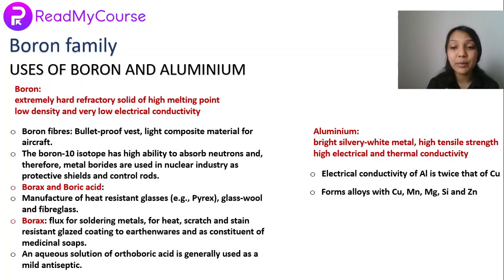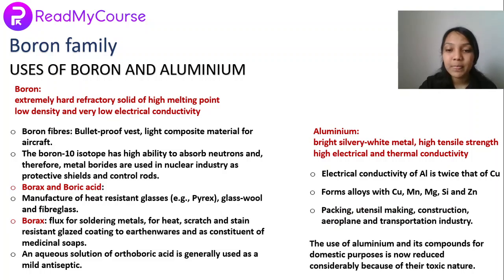But when we compare it with aluminium in terms of weight, aluminium has higher electrical conductivity than copper. And aluminium forms alloys with copper, manganese, magnesium, silicon and zinc as well. It is used in packing, utensil making, and in constructing aeroplanes and transportation industries. So these are all some very good applications of aluminium.